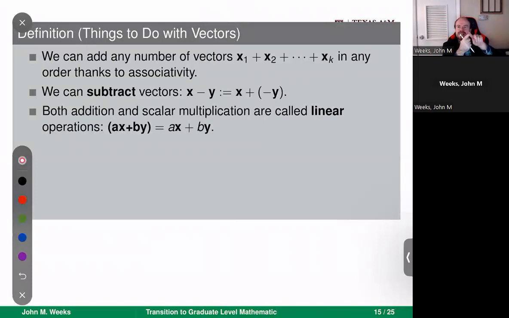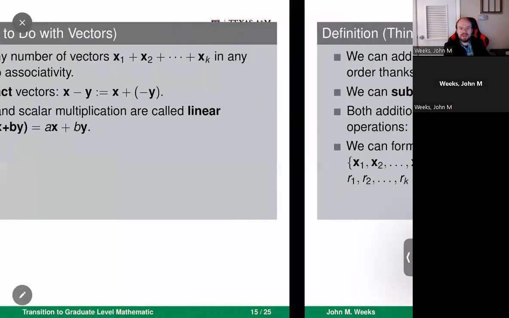Or you can take a scalar multiple of a point in that line and stay in the line as well. So that's why we call them linear operations. They're operations on a line. If you work on a line, you can always add two points in the line, and you can take a scalar multiple of things in a line. That's why they're called linear operations, and hence the name linear algebra.